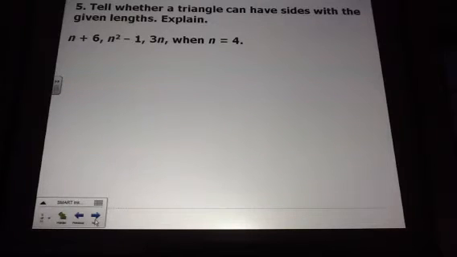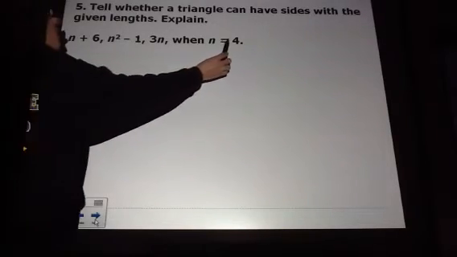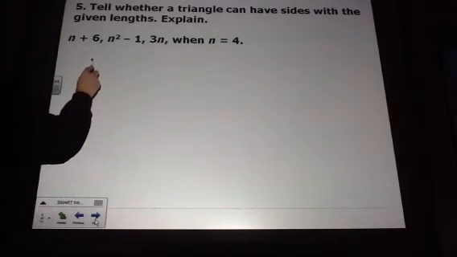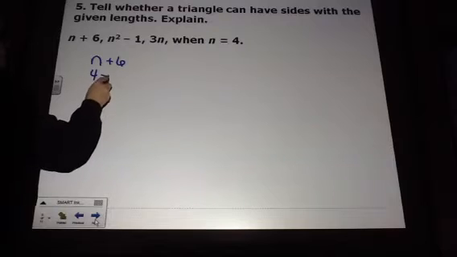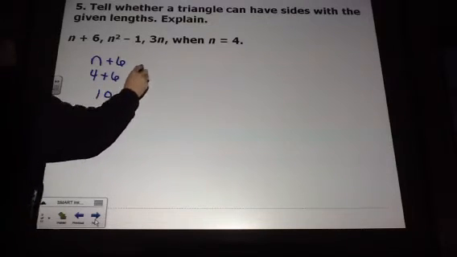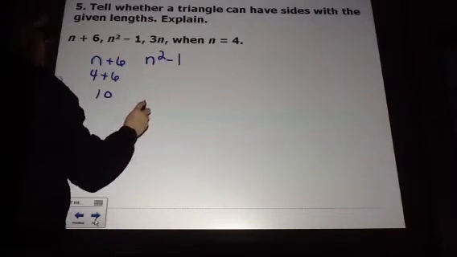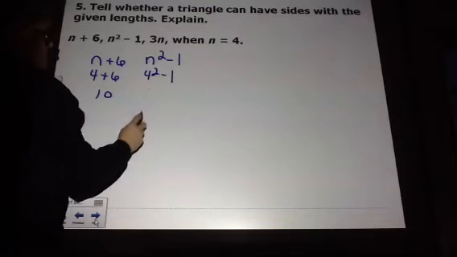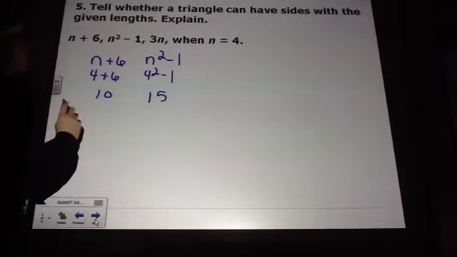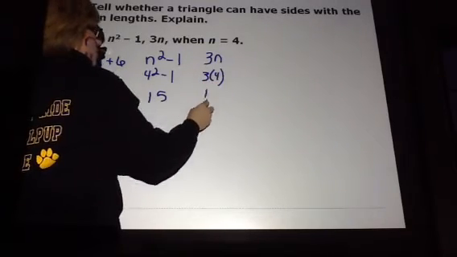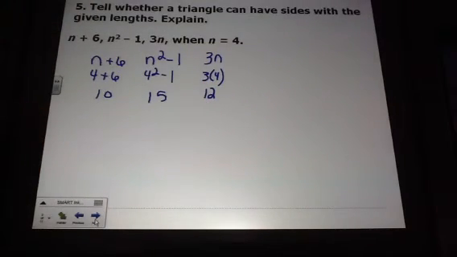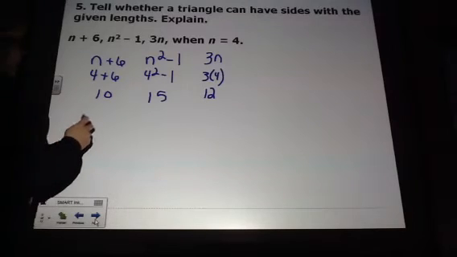Okay, now we're going to throw in some algebra here. You need to first substitute in for your variable n to find out what the segment measures are. Now let's apply our theorem here.